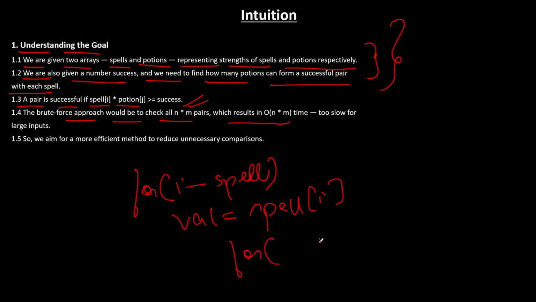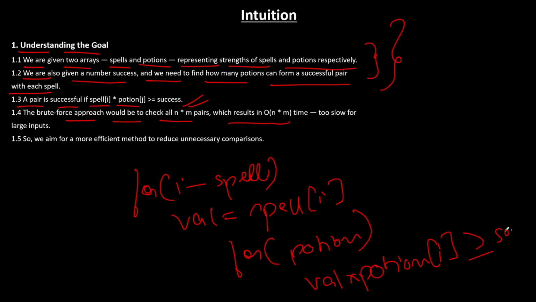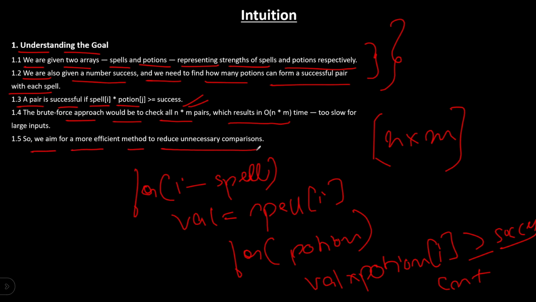Again, one for loop for the potions, and we will multiply this spell value with potion of i, and if it is greater than or equal to the success, we will count it. Okay, and after counting, we will store it into the list, in an empty list. But because of this, it will take n cross n time complexity, and this is not what is desired by the interviewer or the problem. So we aim to find a more efficient method to reduce unnecessary comparisons.